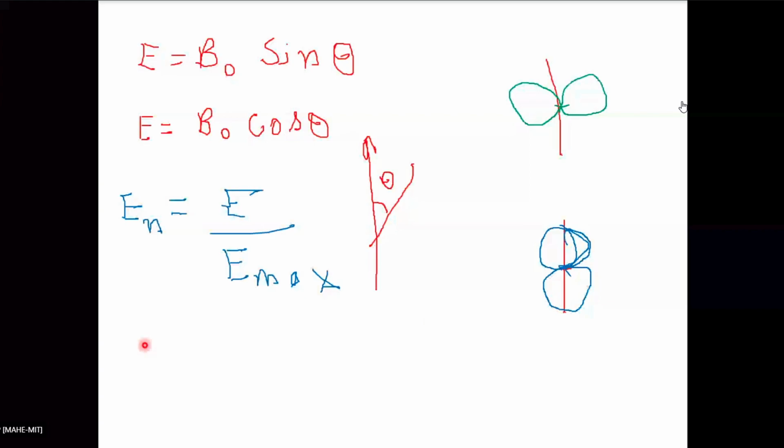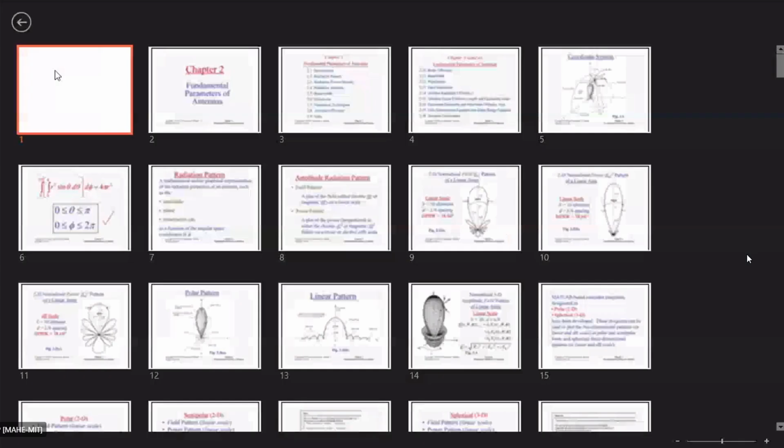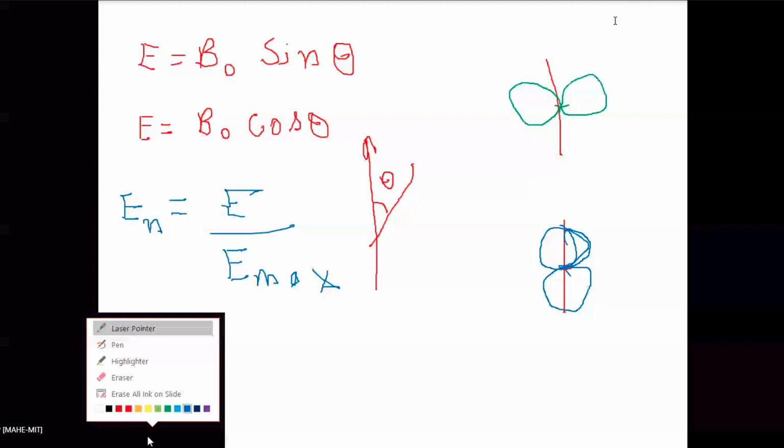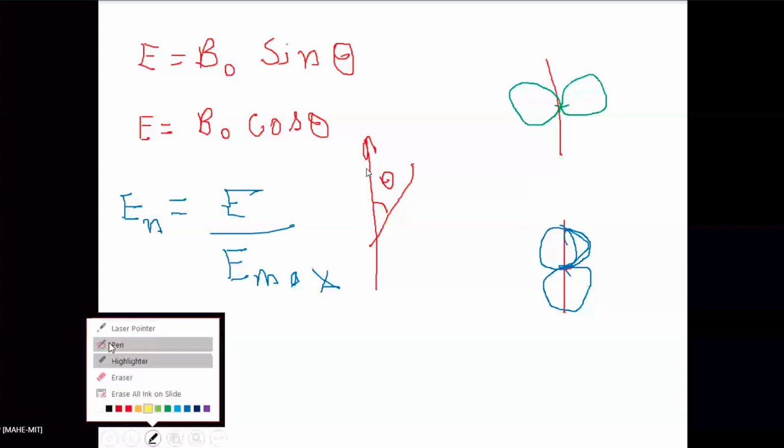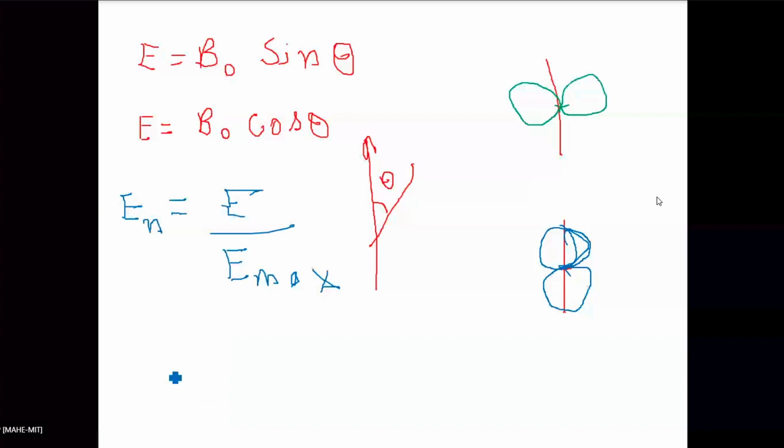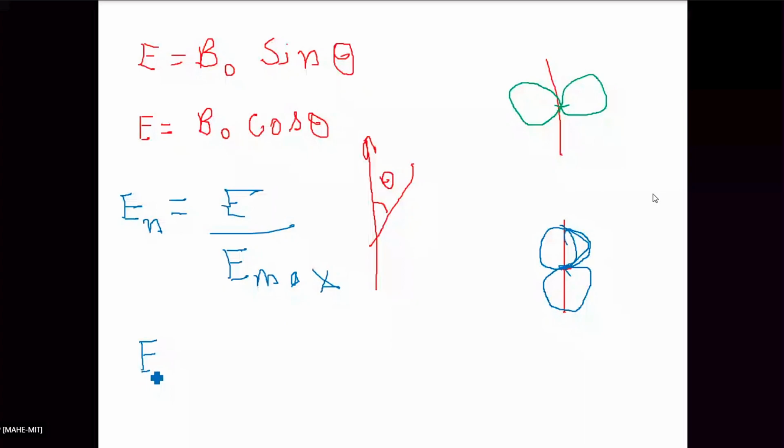Suppose we have, let us say, E is equal to, suppose it's given like this, B naught cos theta sin phi.